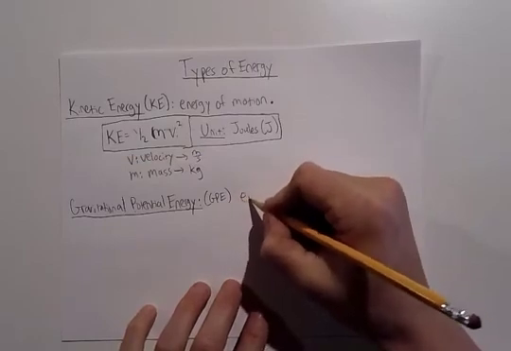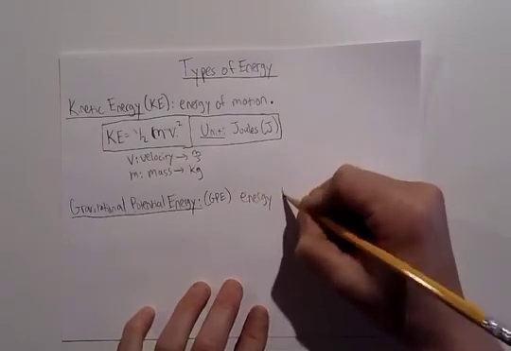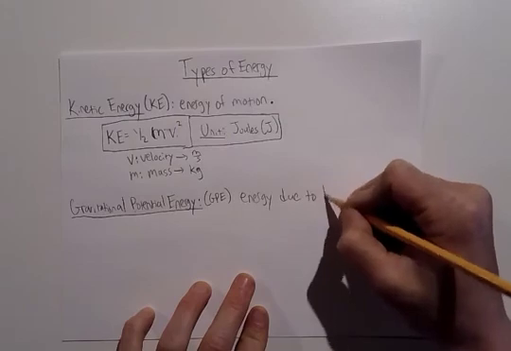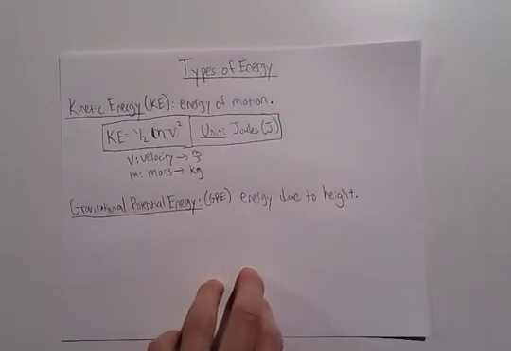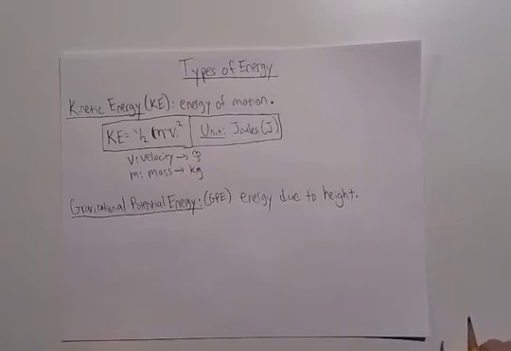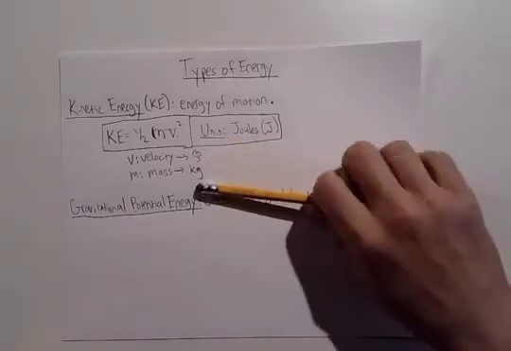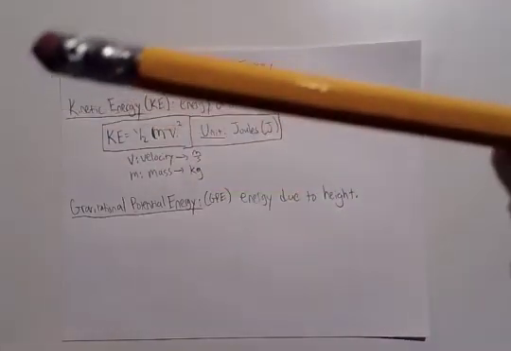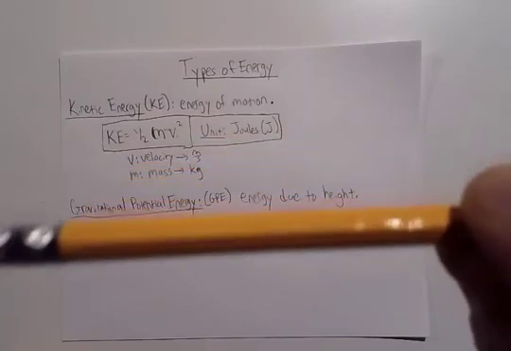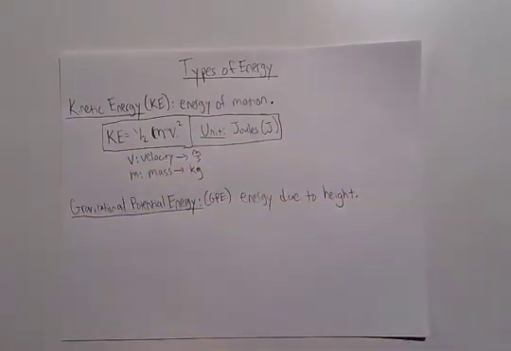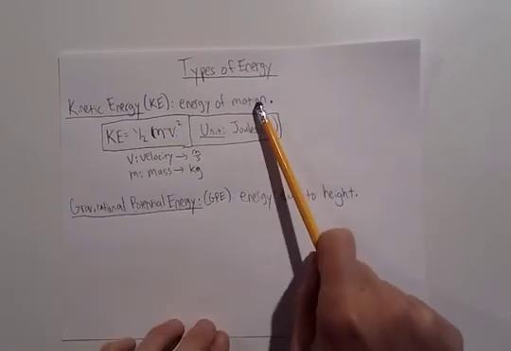So it's the energy due to height. If an object gets a height, it has gravitational potential energy. Alright, now it's not moving yet, so that's why it's potential energy. Because if I lift something, I give it GPE. If I were to drop it and it starts moving, then it has KE, kinetic energy, because it has motion, right?